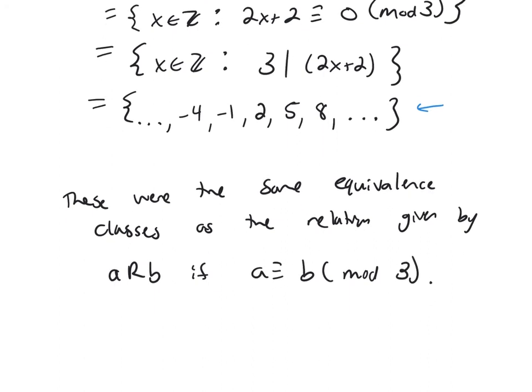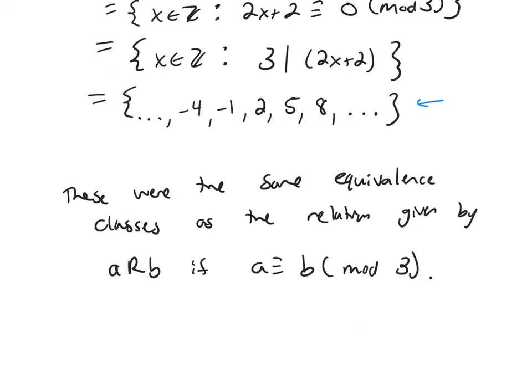And so in some ways, because we have the same equivalence classes, we could think of these relations as being kind of like the same. They're not described the same, but the same elements are related to each other.